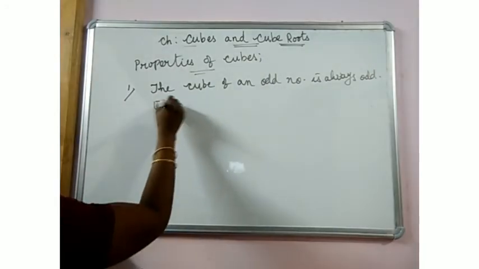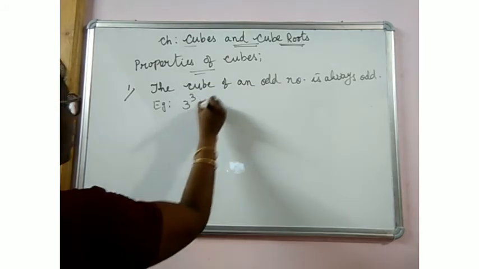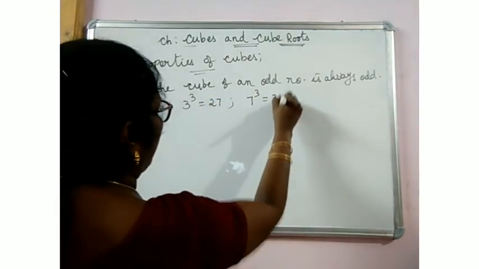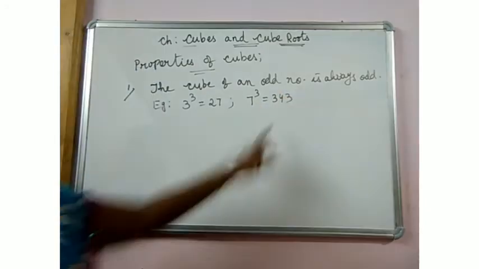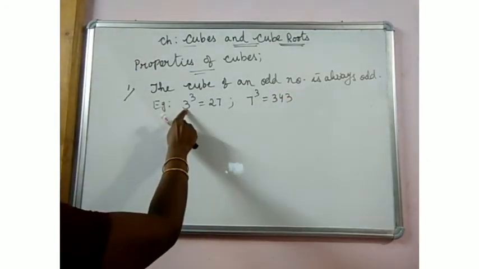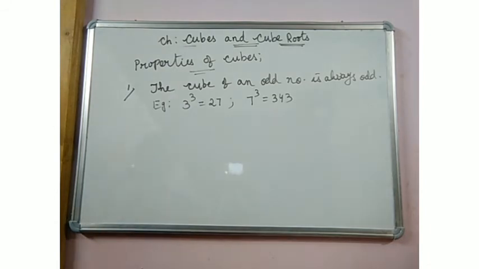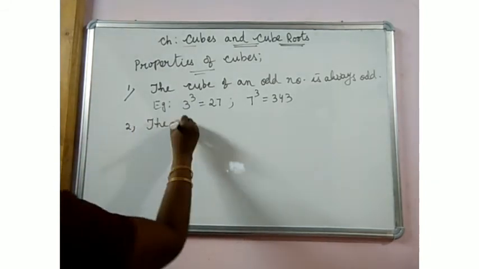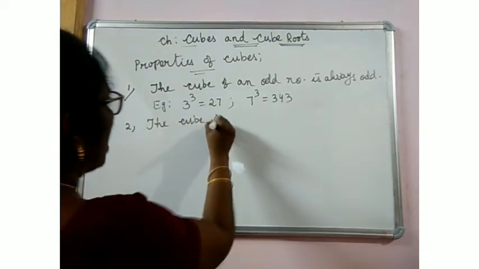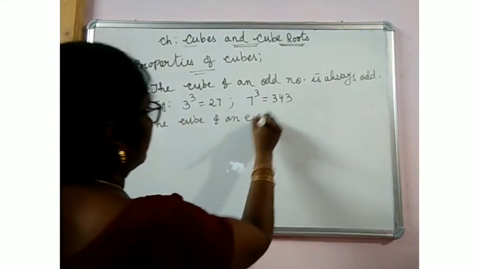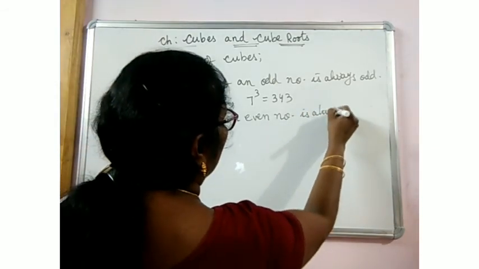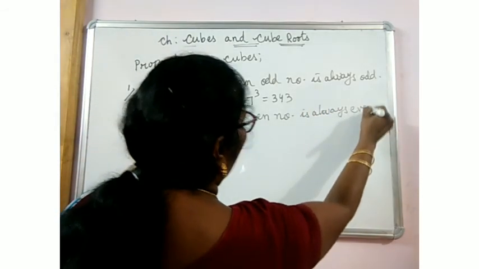Some examples let me give you. 3 cube is 27. 7 cube is 343. 7 is an odd number, 343 is an odd number. 3 is an odd number, 27 is an odd number. Same way, the cube of an even number is always even.